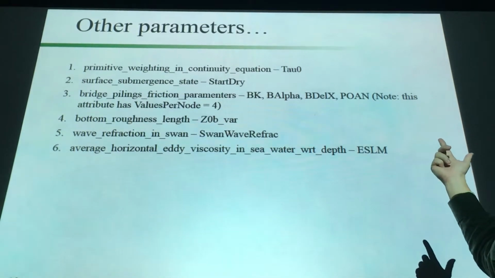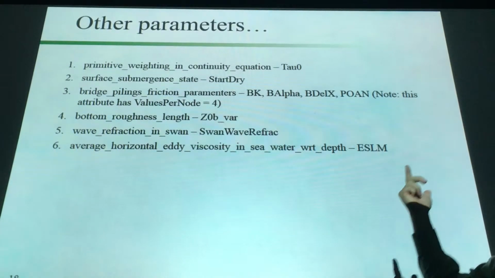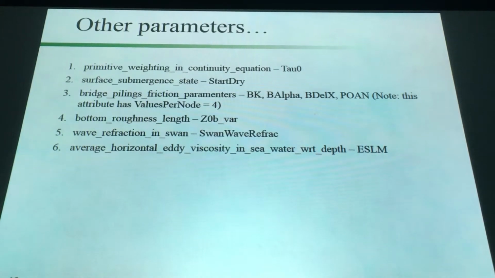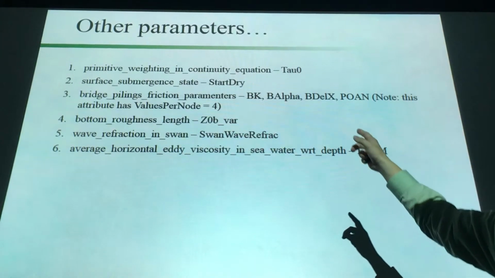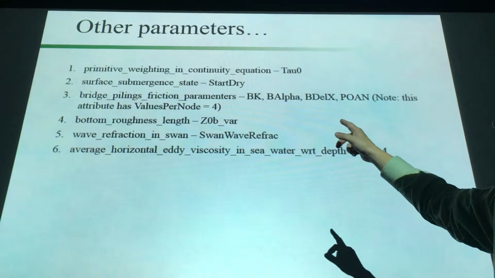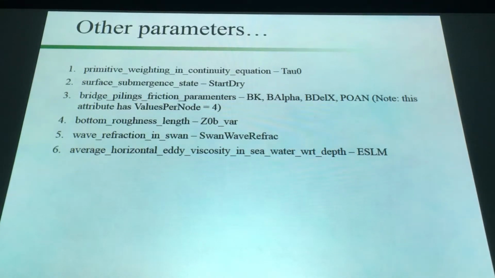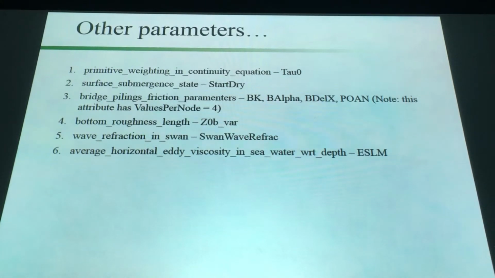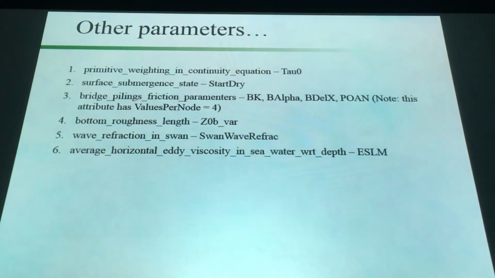Tau0 helps with stability a lot. So that, we should generate. The start dry, surface submergence state, you can use that to set a cell to start dry, even if it's below your starting elevation. So let's say you're using 0 as your still water level.